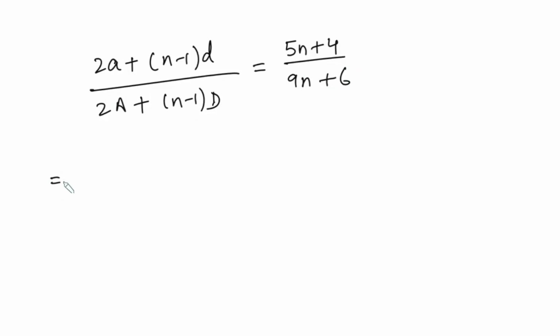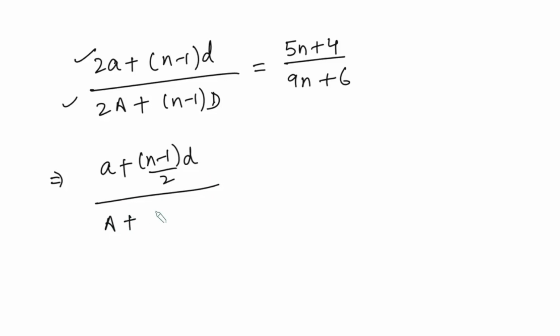Here, if we divide the numerator and denominator on the left-hand side by 2, we will get a plus (n minus 1) over 2 times d, and the denominator will be A plus (n minus 1) over 2 times D. That is equal to 5n plus 4 over 9n plus 6. We got it by dividing the numerator and denominator by 2.